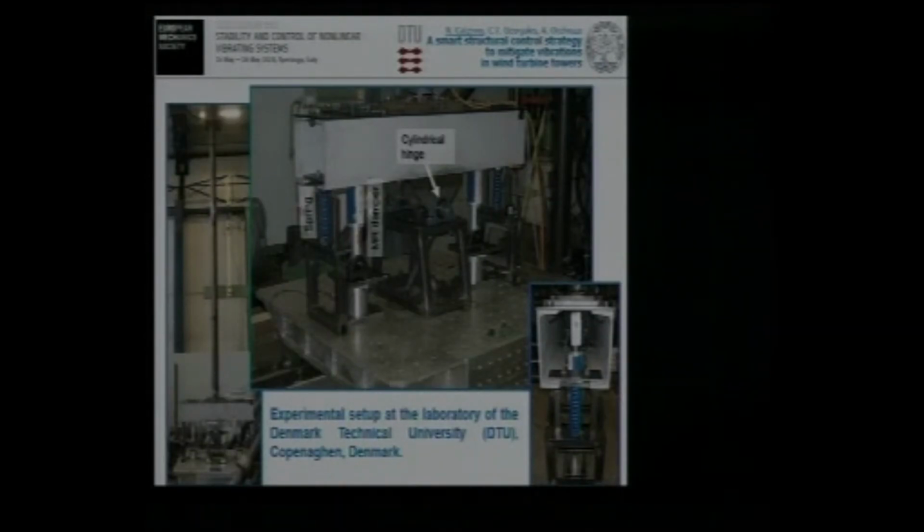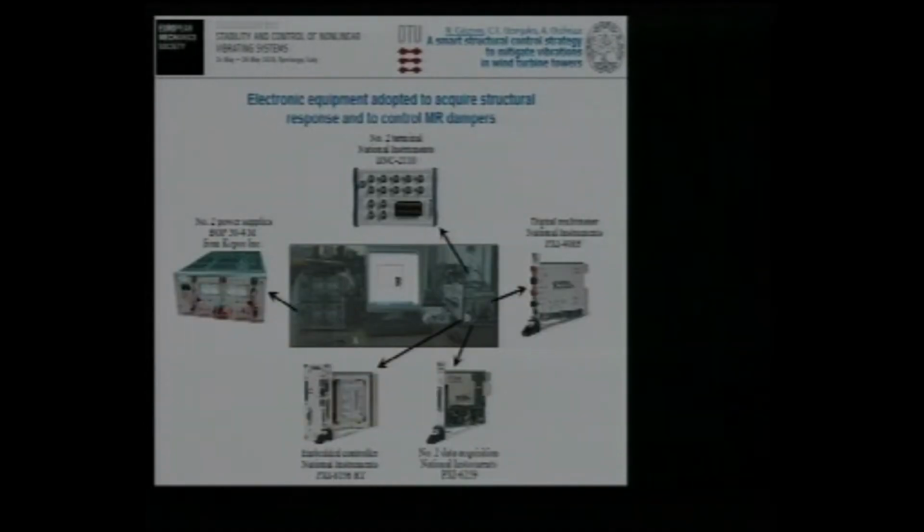These are some pictures from the laboratory where you can see how the pieces were installed. This is the tower, and this is the electronic equipment used to acquire signals and to control the damper. But I think it is the case to skip on.